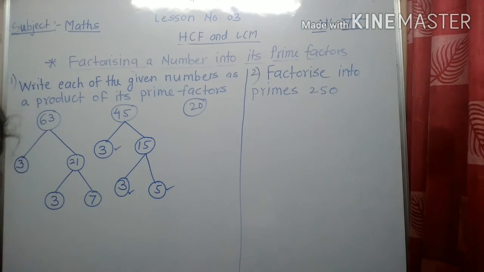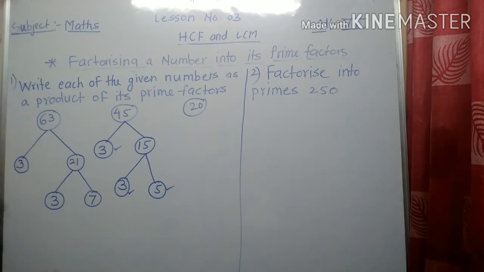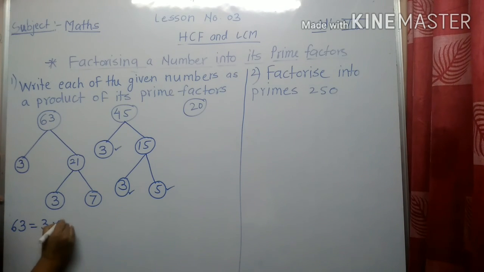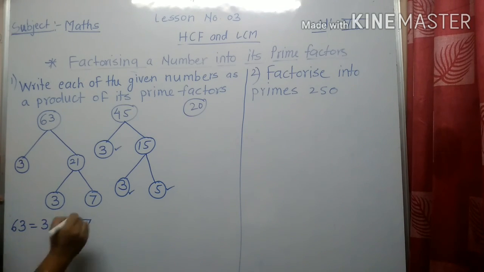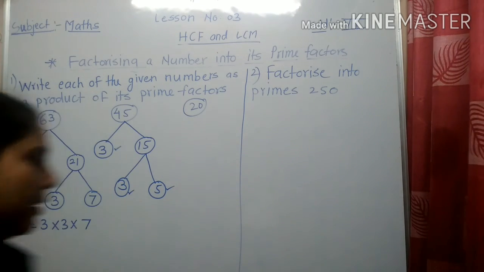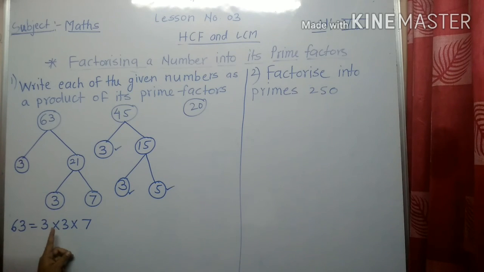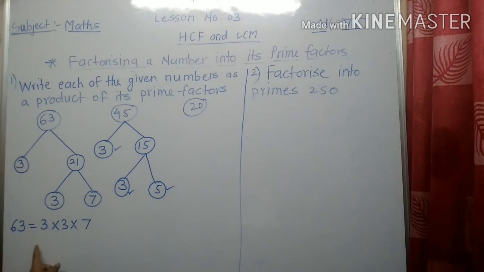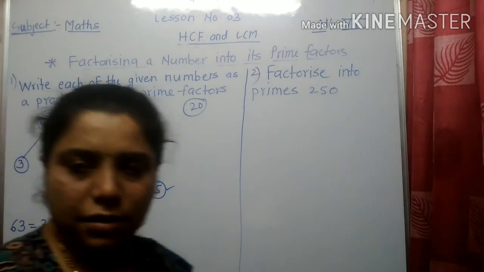So how to write it with the help of the horizontal arrangement? This 63 can be written as 3 into 3 into 7. In the previous video we discussed that to write a given number as the product of its prime factors, whichever composite number you are writing should be the product of its prime factors.